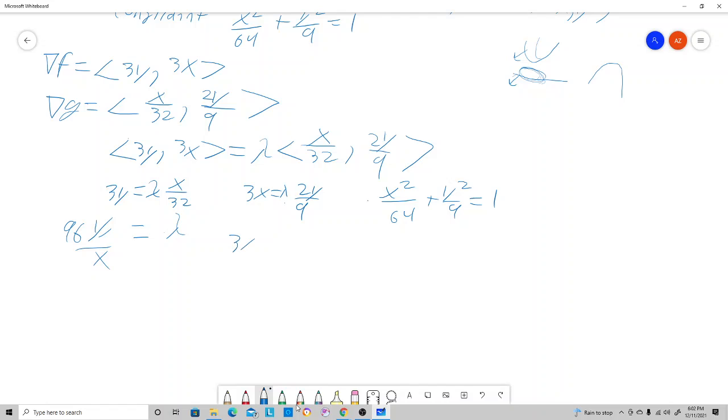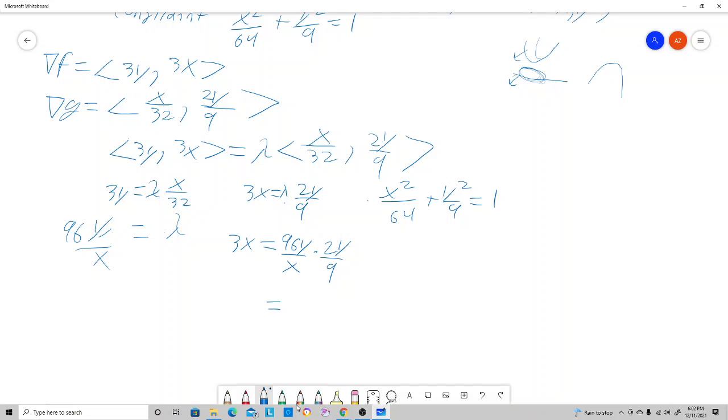So now we have 3x is equal to 96y times 2y over 9. Okay, so let's see. Maybe we can set this function equal to x, right?